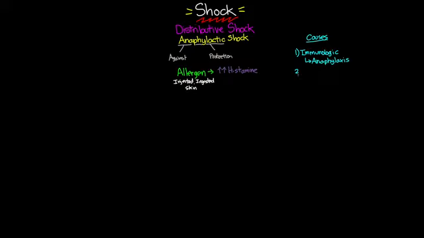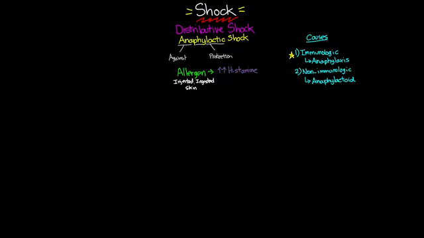The second one is the non-immunologic, and this is what you're going to hear referred to as anaphylactoid. Again, it's important to note that anaphylaxis, the immunologic response, is the most common.